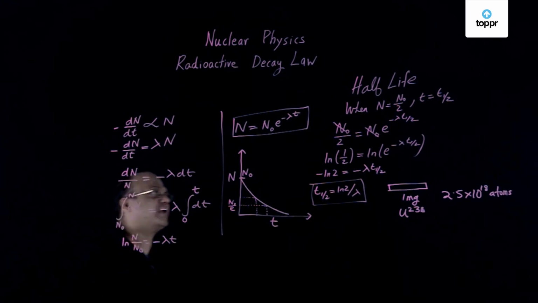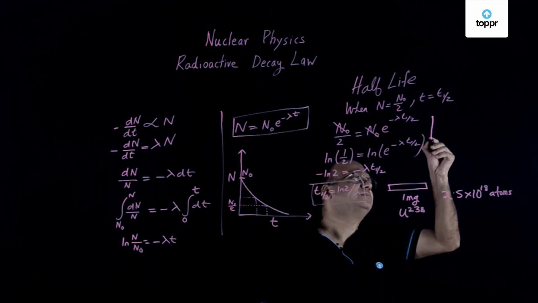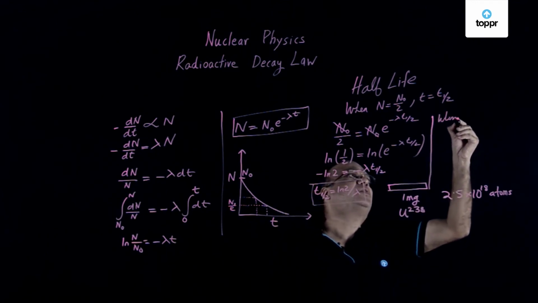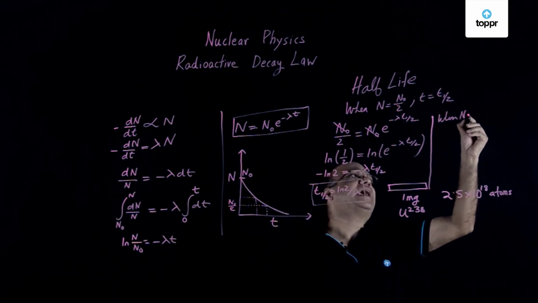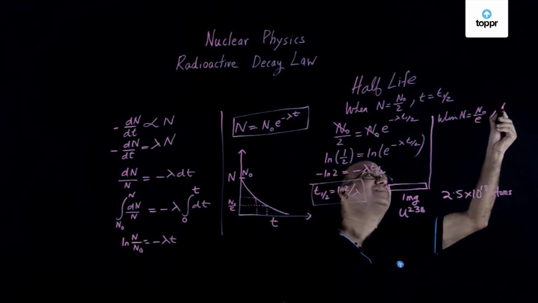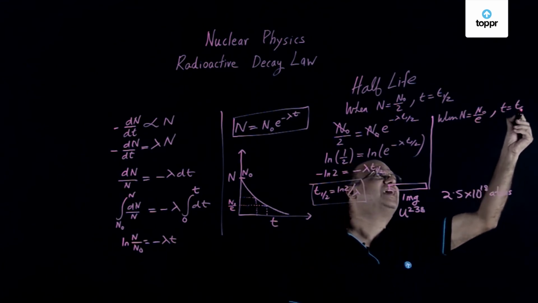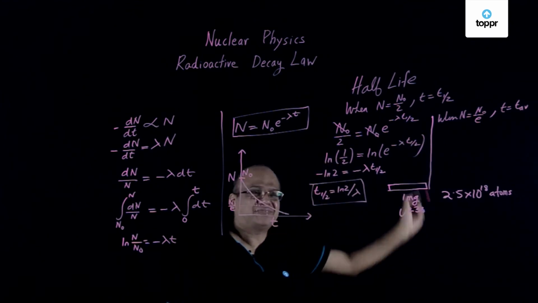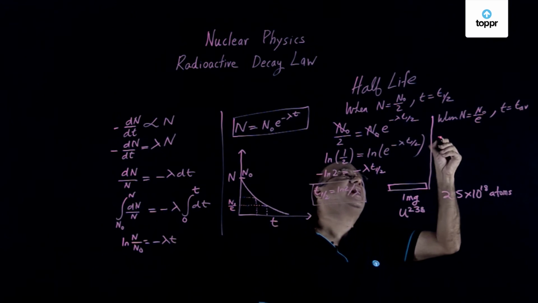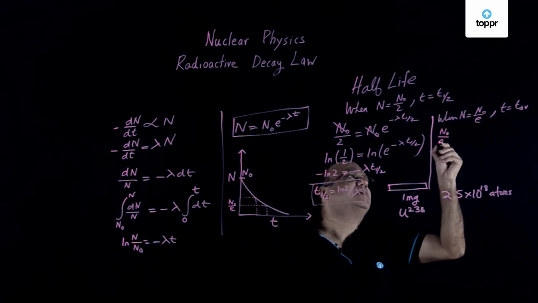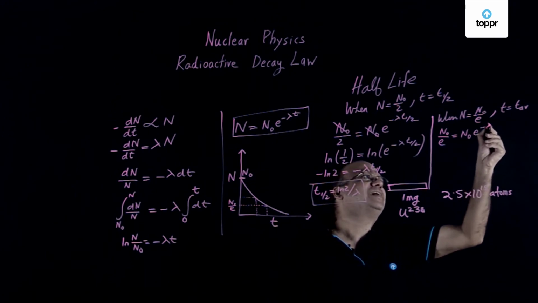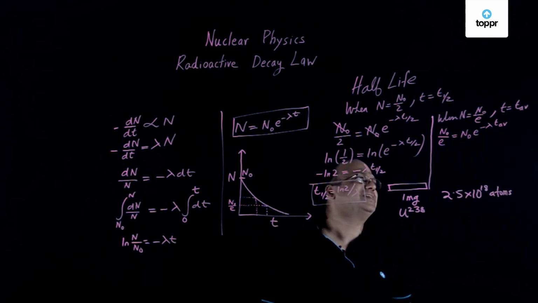Same way, we can look at average life. When N is equal to N naught by e, then t is T average, the average life. Therefore, using the same equation, N naught by e is N naught e to the power minus lambda T average, right?